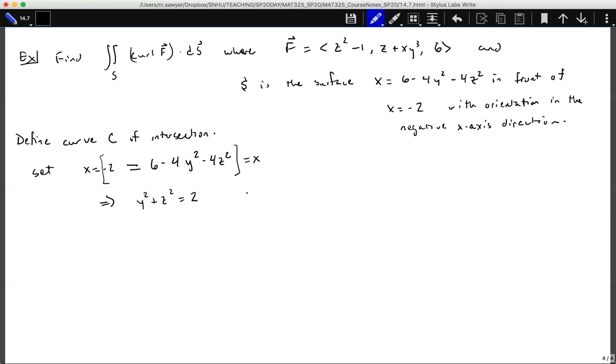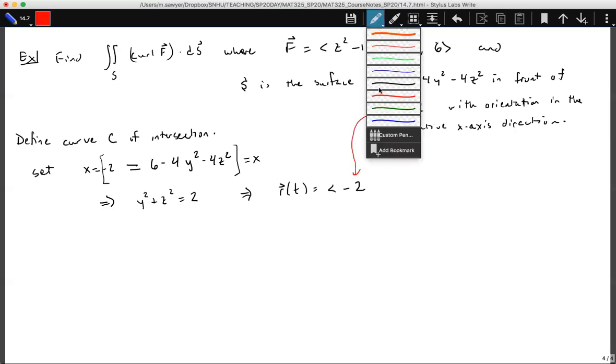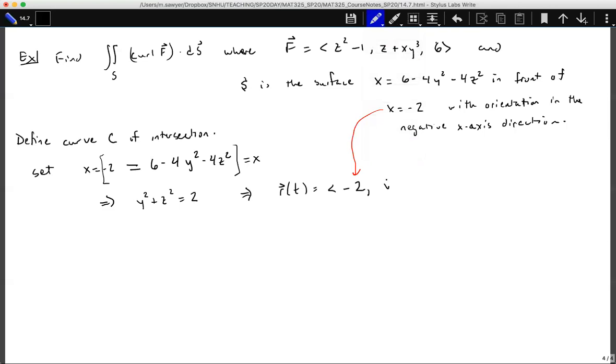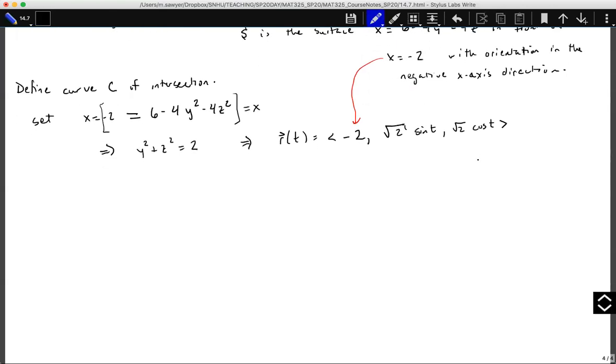So this is a circle of radius √2, so a parameterization r of t is equal to -2, because we know our x bound is -2, comma, √2 sine of t, √2 cosine of t. You could switch the sines and cosines, it doesn't matter as far as the function goes.